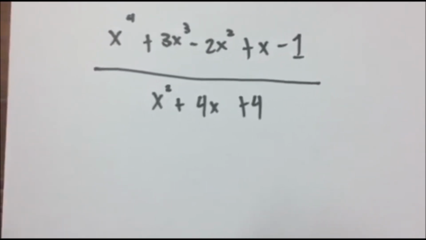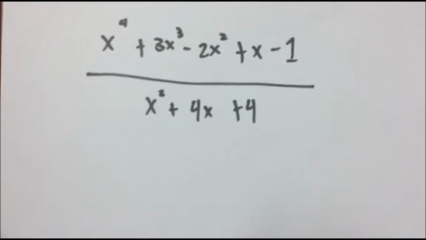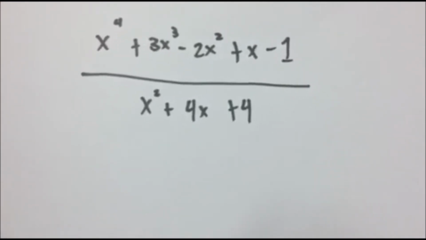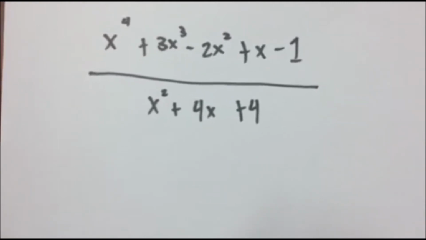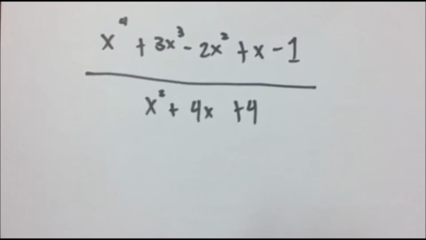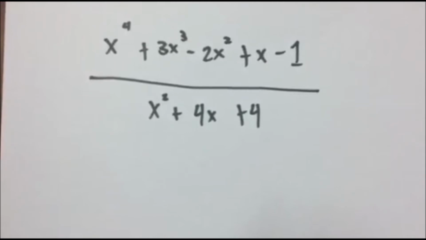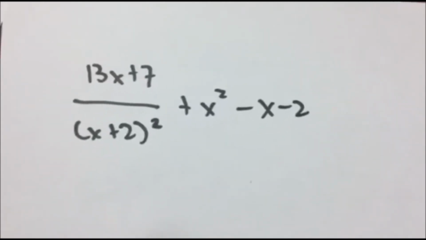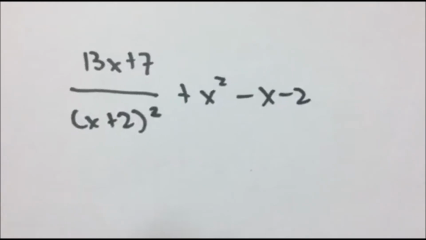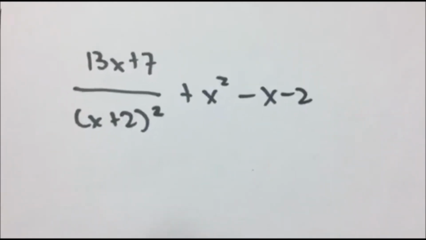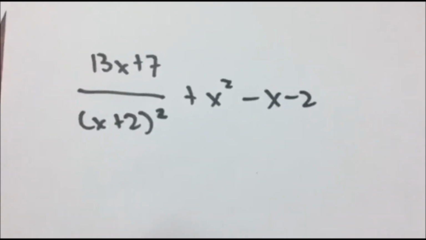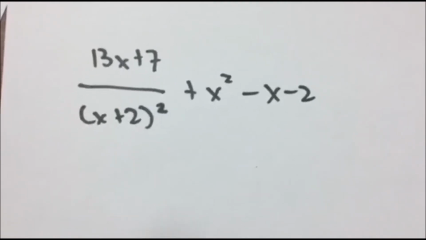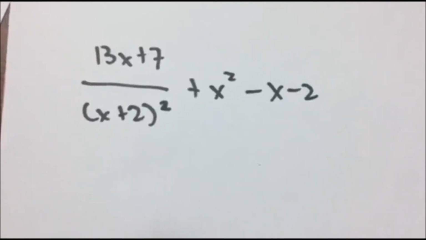For instance, try x raised to 4 plus 3x cubed minus 2x squared plus x minus 1 over x squared plus 4x plus 4. Upon dividing it, we will get (13x plus 7) over (x plus 2) squared plus x squared minus x minus 2.